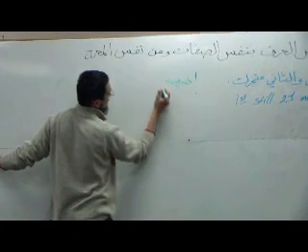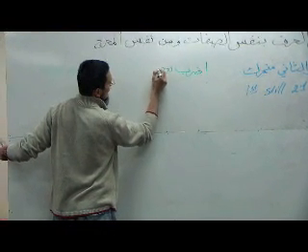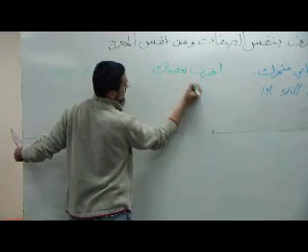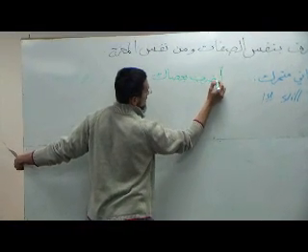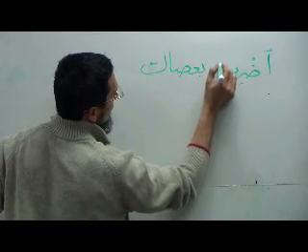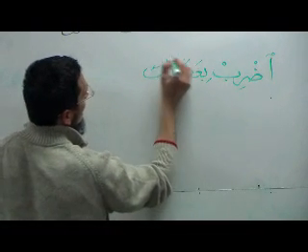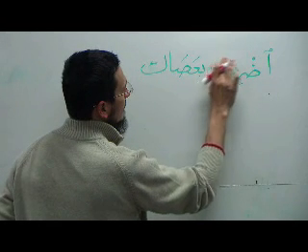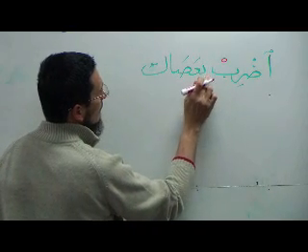اضرب بعصاك. اضرب بعصاك. Okay, so here's the key word. Here's what you need to notice. This is sukun, this is mutaharrik, and it is exactly the same letter, right?